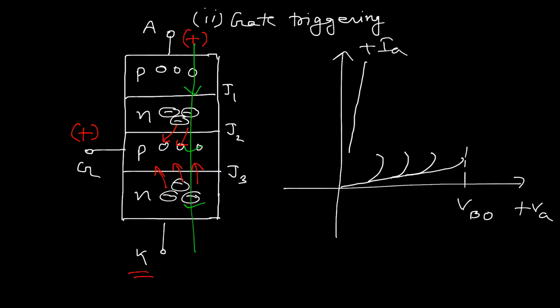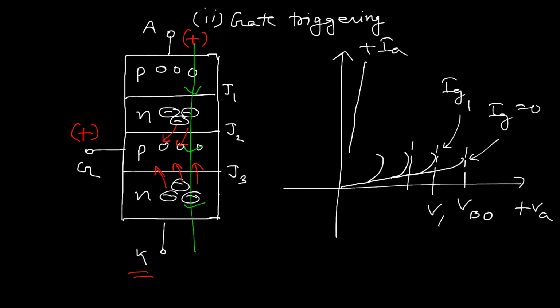So we can define it. This is the new value of breakover voltage, suppose V1. In the first case, Ig was 0, giving the maximum breakover voltage. In the next case, if we increase to Ig1, the breakover voltage is V1.